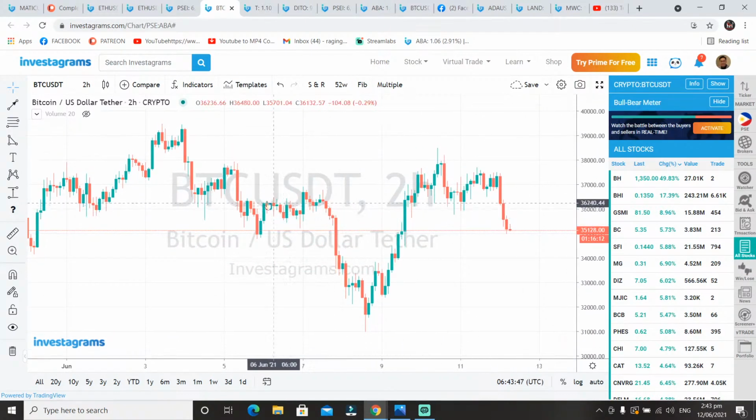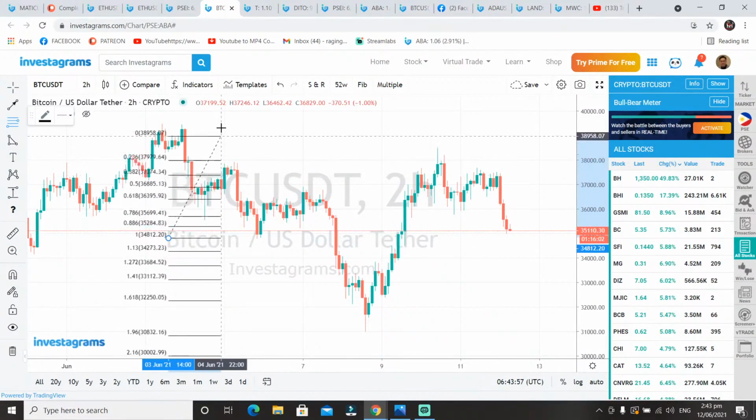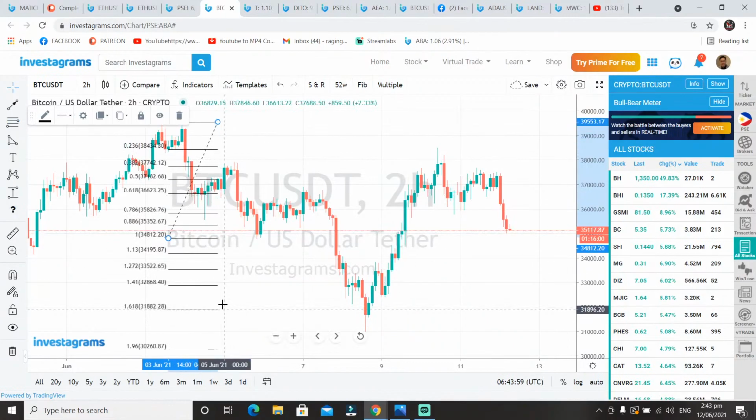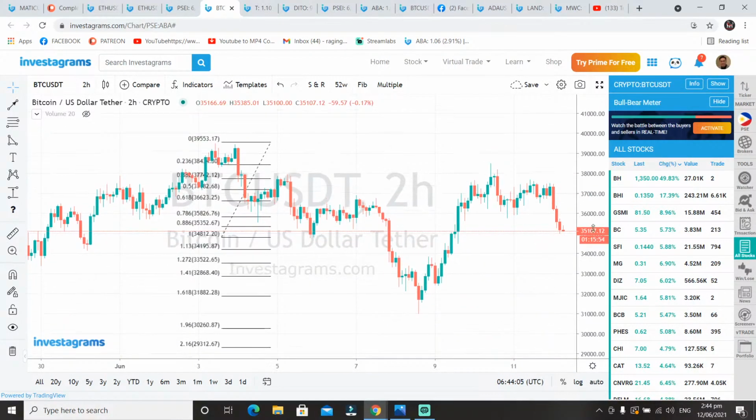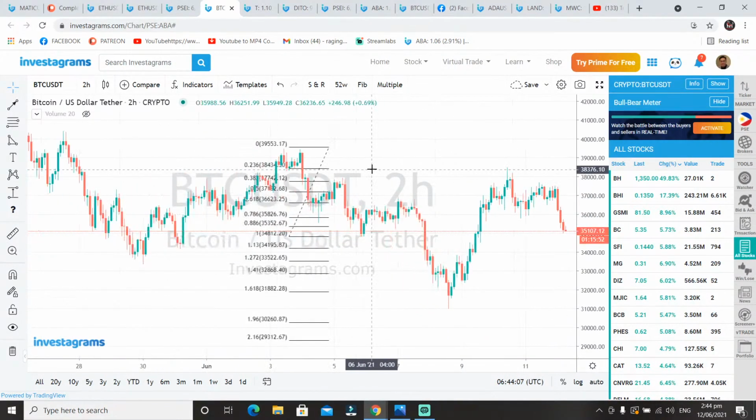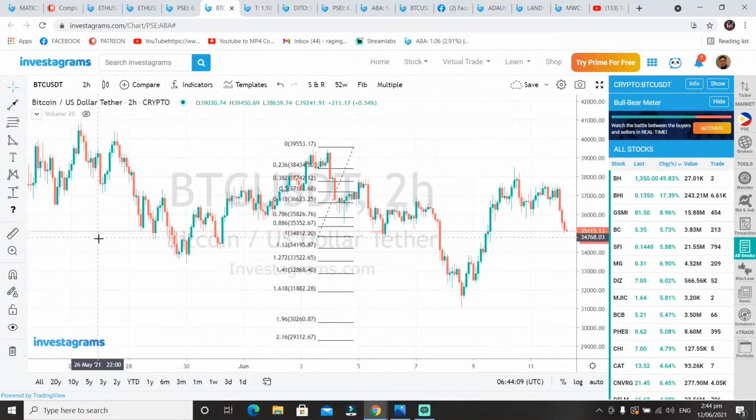I'm not sure now, but I think this one is X A B C D. So I think this is already a shark pattern. It's more than, so it's not a shark pattern. What else? Or maybe this one.